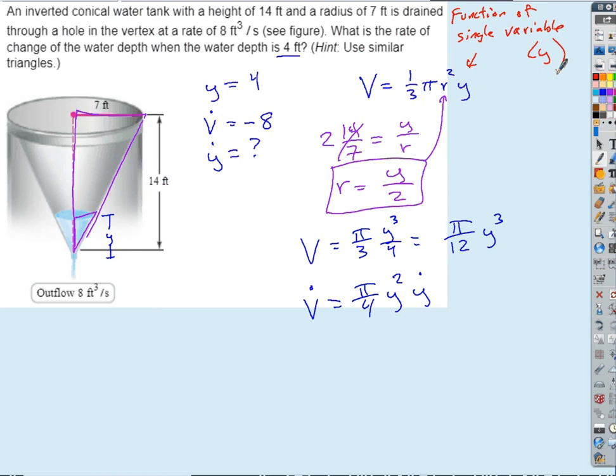But if you went the route of having to plug in R dots and H dots and all that stuff, then what would I do? I could fill in some additional snapshot values, right? Because I know that R equals Y over 2, so if Y is 4, then R equals 2. And if I were to differentiate implicitly here, I'd just get R dot equals Y dot over 2.